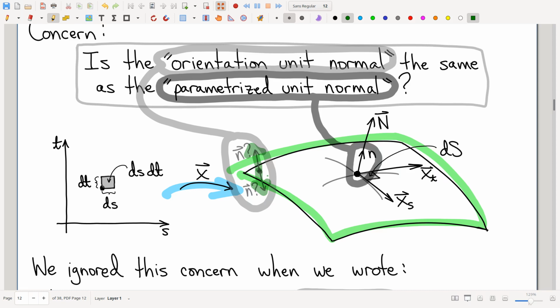Now that said, when you parameterize the surface, we've got a parameterization that we come up with to trace out all those points to manufacture the surface. But when you do that, that dictates what your partials are going to be. And that dictates what your normal vector, capital N, is going to be. And that effectively dictates the little n vector that you're going to be using in your calculation.